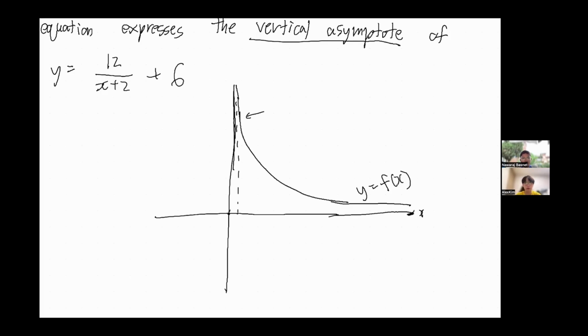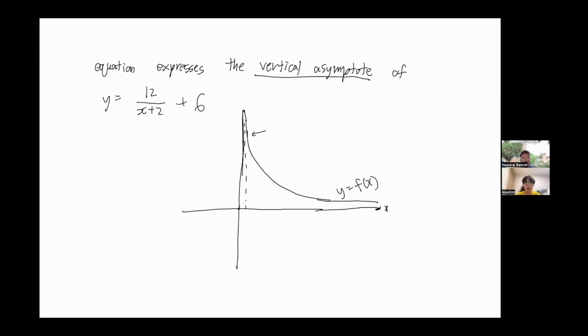And you can see that the line I'm drawing is vertical, right? So a vertical asymptote just means, when we draw a graph for a specific equation, the kind of invisible line that the graph never crosses.